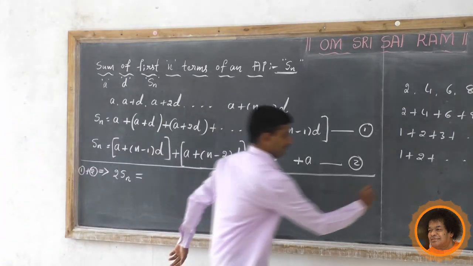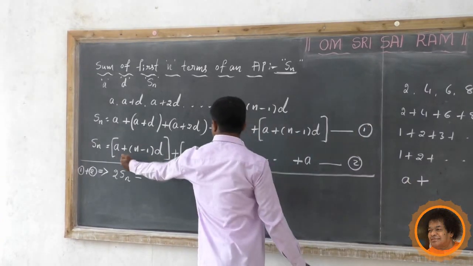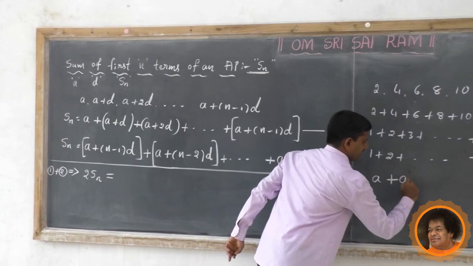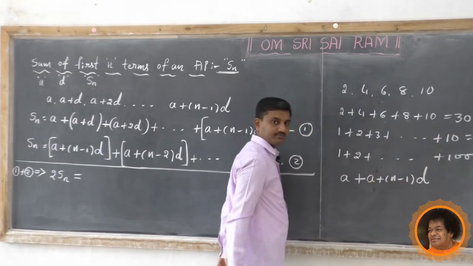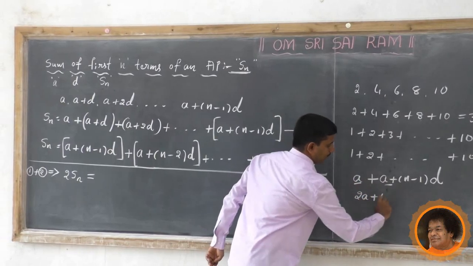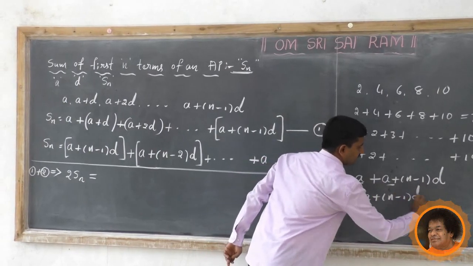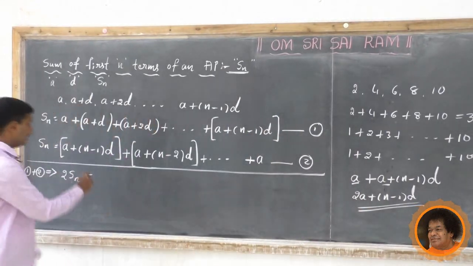Here a plus a plus n minus 1 into d, so a plus a is 2a, giving 2a plus n minus 1 into d.